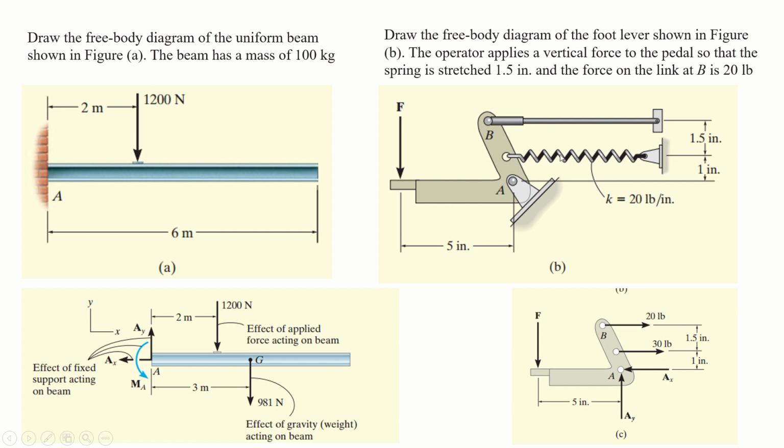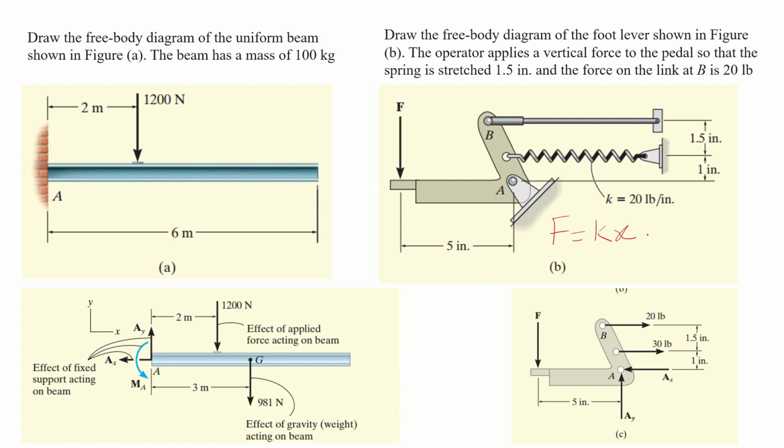The second force is a spring force, and its displacement is given, 1.5 inch, and its spring constant is also given as 20 pounds per inch. So for spring force, we all know that F is equal to Kx.